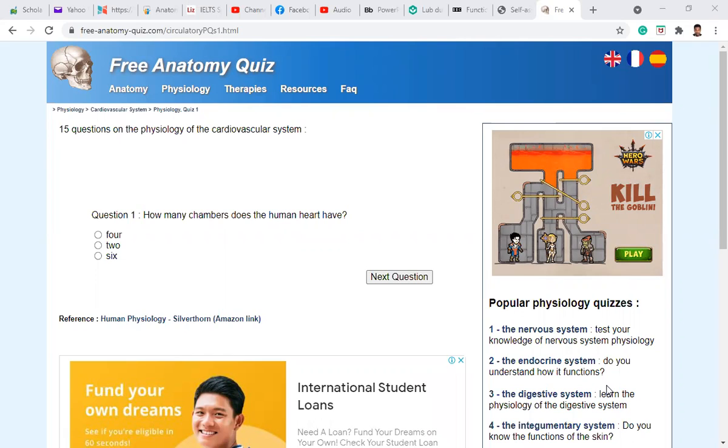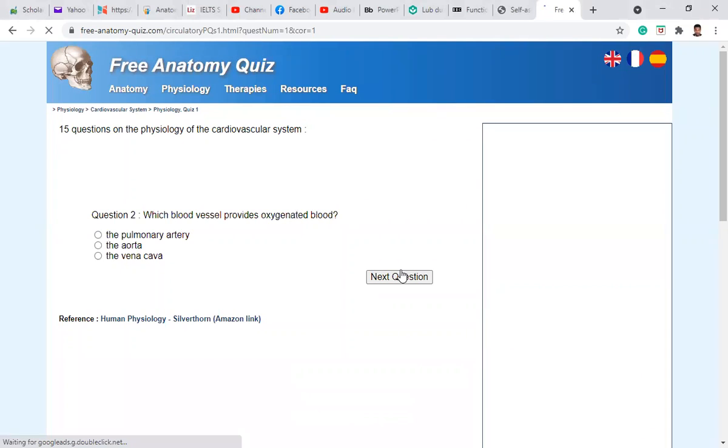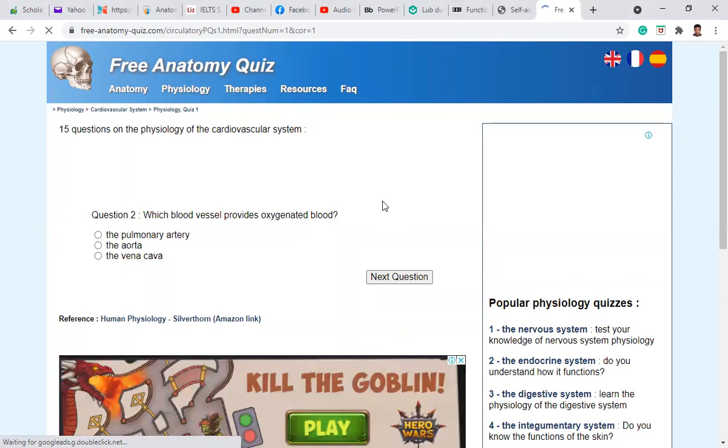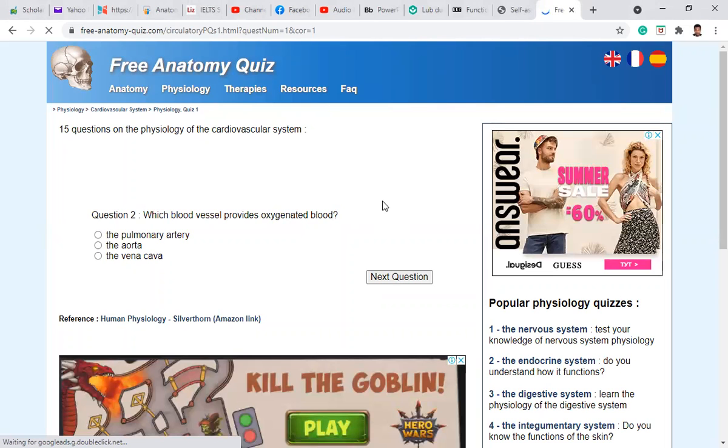So how many chambers does the human heart have? 4. Okay. Which blood vessel provides oxygenated blood to the heart?